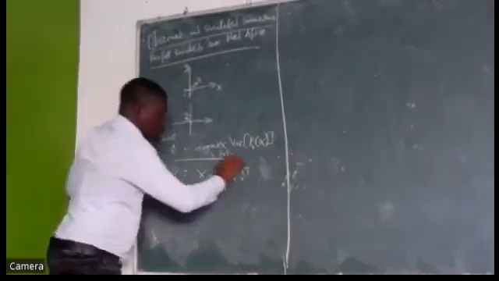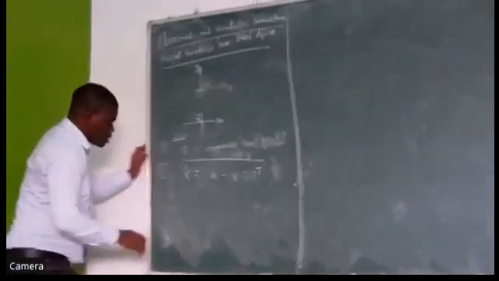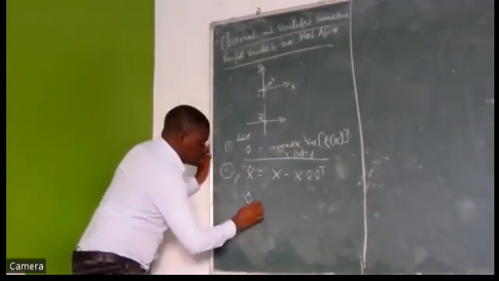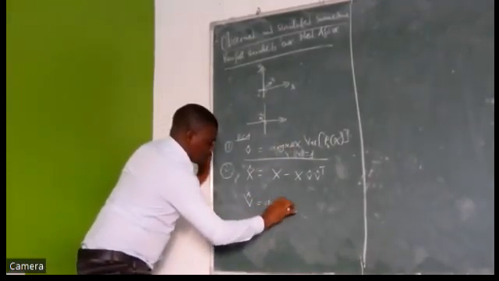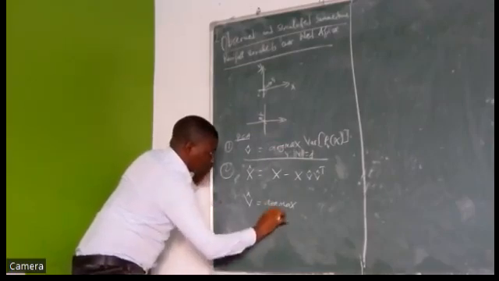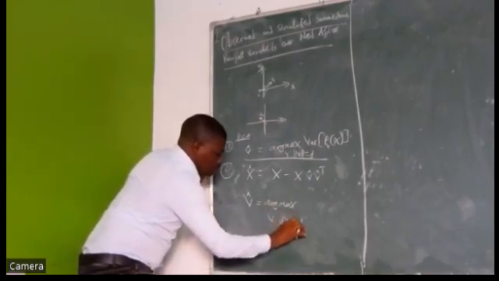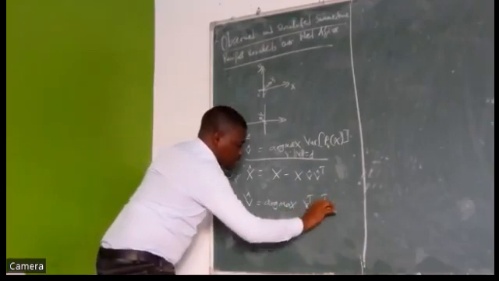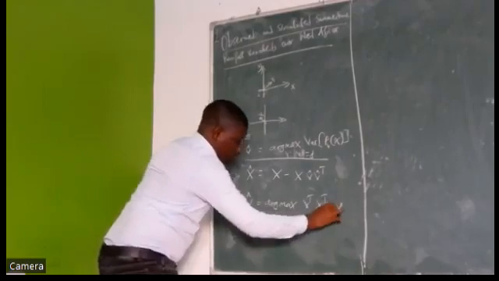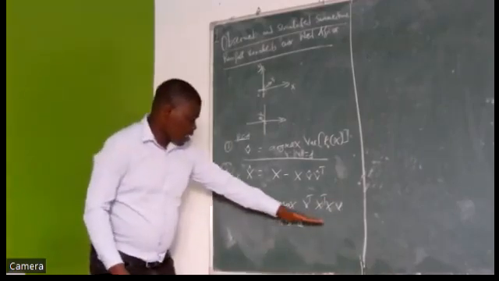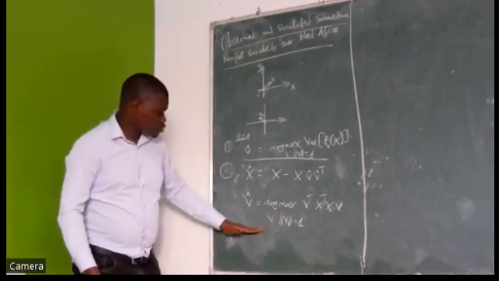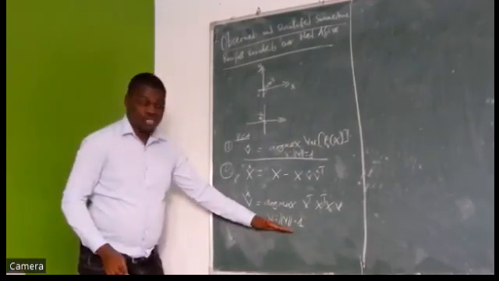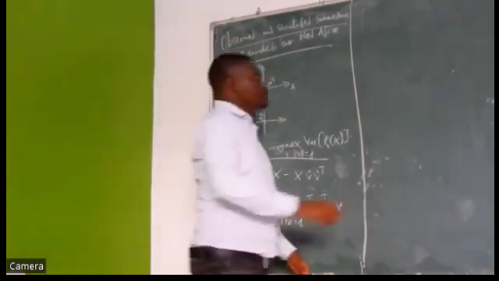It can be shown, but I'm not going to show it here, that doing this is equivalent to argmax over V of V transpose X V. We can see that this is already a constrained optimization problem, which can be solved using the method of Lagrange multipliers.